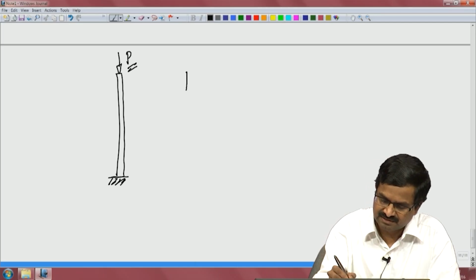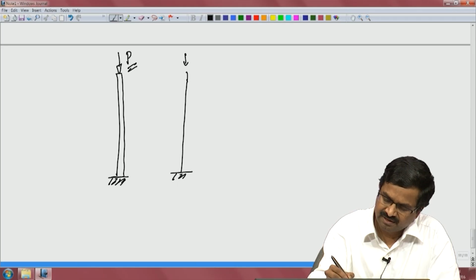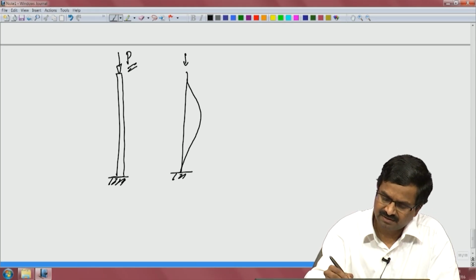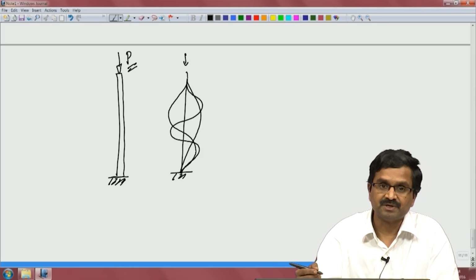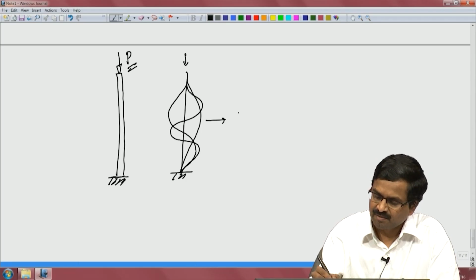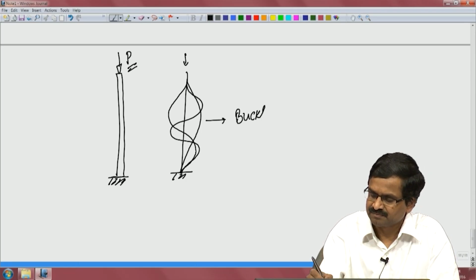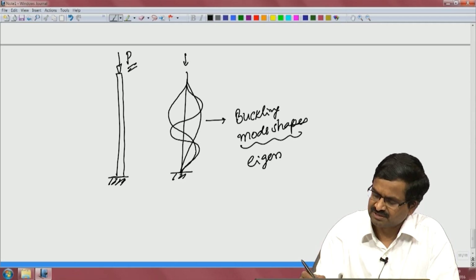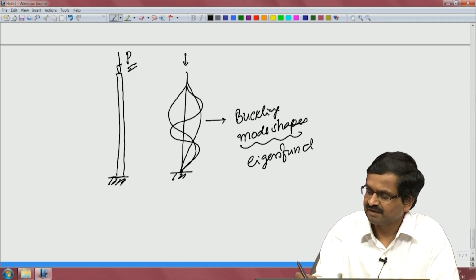When you apply the compressive load on it, at some point it will just bend like this, okay, or it can bend like this also, or it can bend like this also, or many other ways. So, there are many buckling mode shapes, or eigenfunctions. So, mode shapes are eigenfunctions of the corresponding eigenvalue problem.